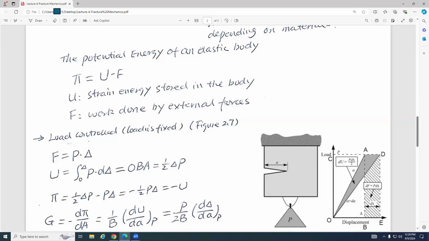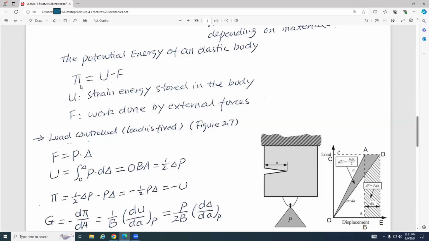You can see right here. So potential energy, we have this potential energy of an elastic body. We know that the potential energy of any elastic body equals the strain energy U stored in the body minus F, and the F here does not stand for the force.